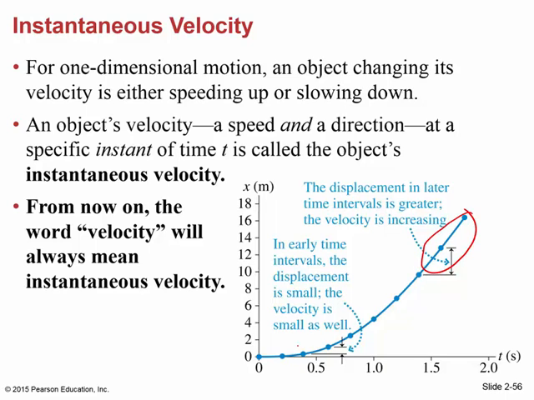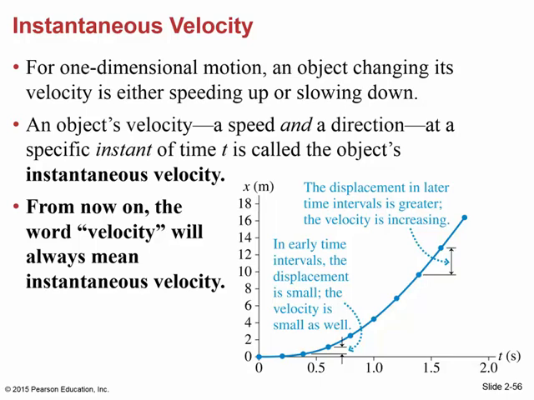But when we get down here where it's curved, the average velocity and the instantaneous velocity are not going to be the same, because it's a curve. So what do we mean by instantaneous velocity? It's actually the first order derivative of the displacement function.